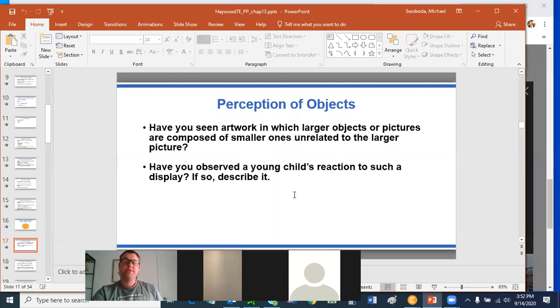Children also perceive size much differently. Think about, Mason is about pushing 35, 36 inches right now. I'm 6'3", so I'm 75 inches. What do you think I look like to him?